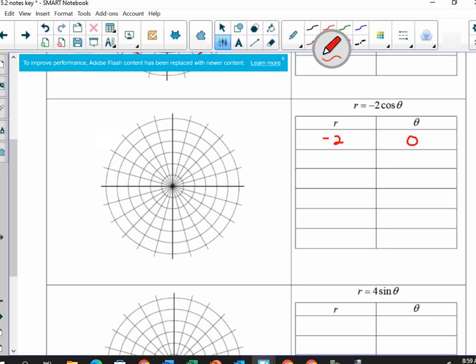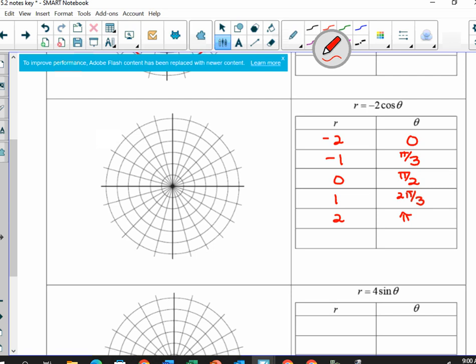If theta is pi over 3, what does r equal? 1, good. What about if theta is pi over 2? 0. Cosine of pi over 2 is 0. Let's do just a couple more. 2 pi over 3. That would be positive 1, yes. And then pi. Positive 2. Okay.